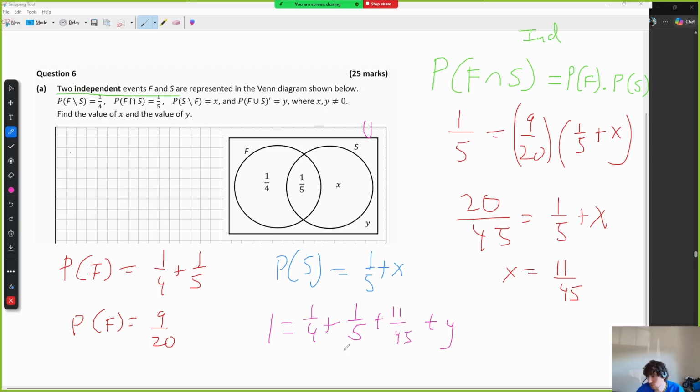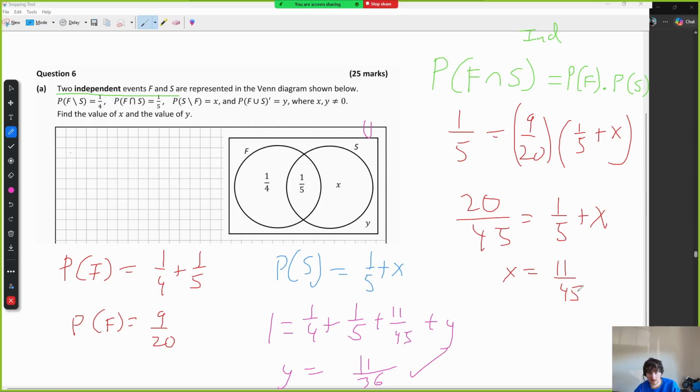And great, this is one equation, one unknown y, and we can find y. And again, let the calculator do the work. 1 minus 1 over 4 minus 1 over 5 minus 11 over 45. Yeah, they're all minus because I'm bringing them over. That makes sense. So I'm getting y to be 11 over 36.